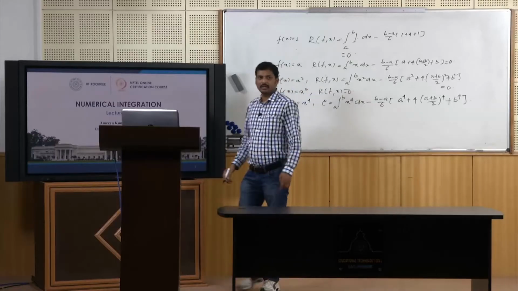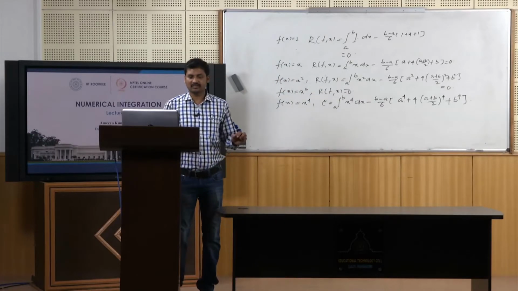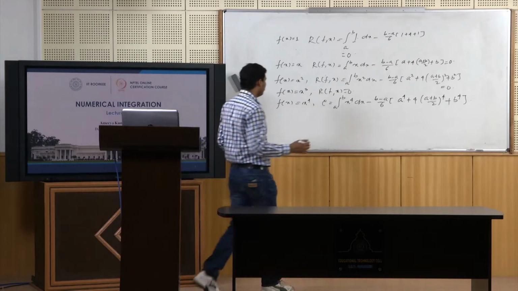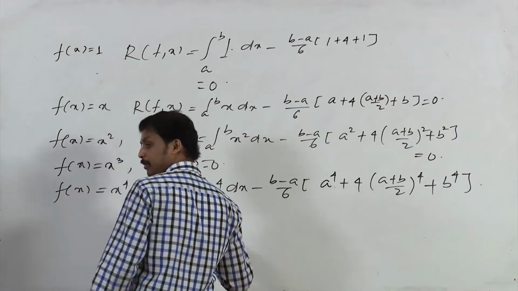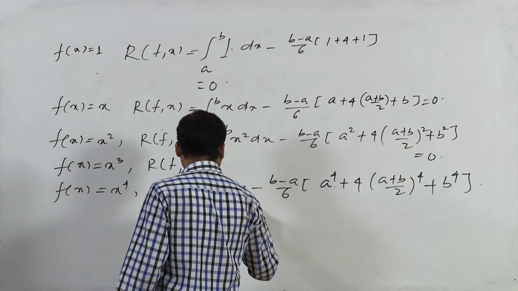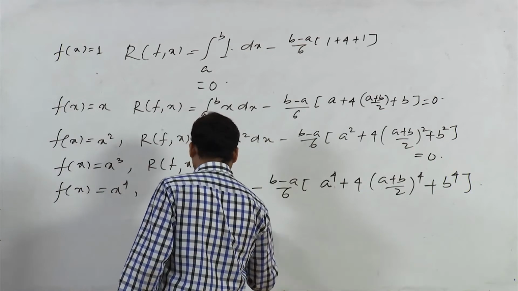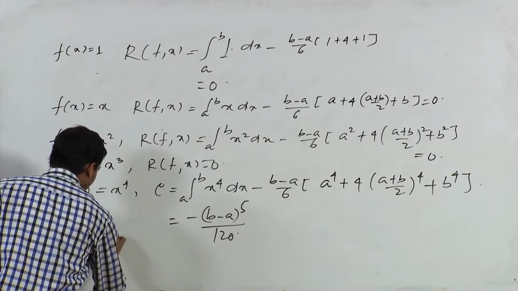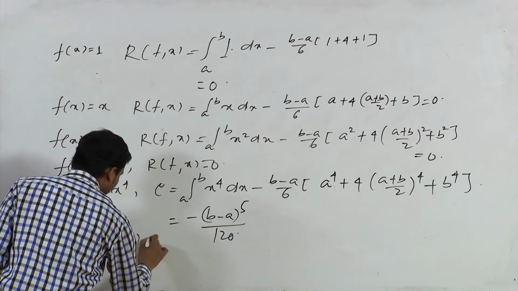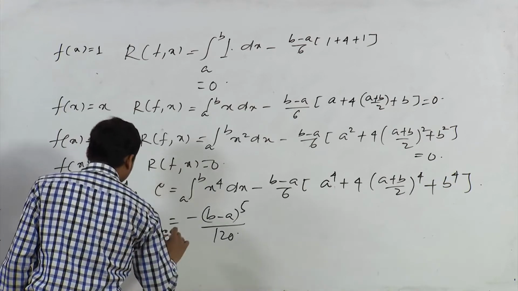And if we do some simplification, we can obtain this value as minus (b minus a) whole to the power 5 by 120. Then the total error term we can write as R of f of x equals C by (p plus 1) factorial.